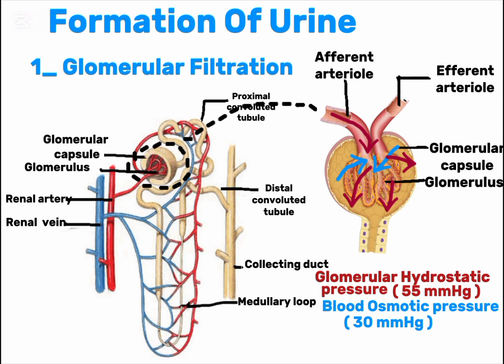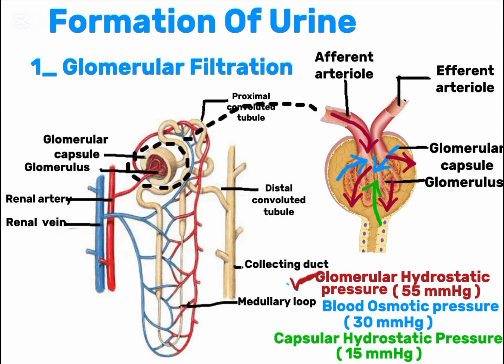The second force that opposes the higher glomerular hydrostatic pressure is the capsular hydrostatic pressure, about 15 mm Hg, and it also pushes fluid back from the glomerular capsule into the glomerular capillaries. But in spite of these opposing forces, glomerular hydrostatic pressure is high enough to allow the filtration of blood from the glomerular capillaries into the glomerular capsule.